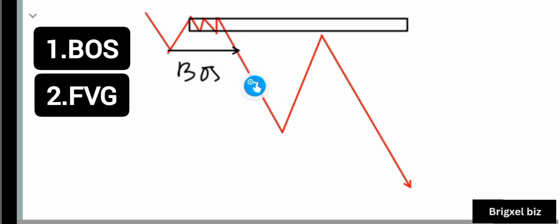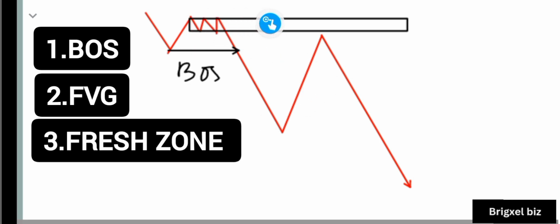If this aggressive move in the downward direction has a fair value gap present, that's a very good thing. That shows me that price is most likely going to retrace to fill that gap. Very, very important. And the next thing is I like to watch out for a freshly formed supply zone.